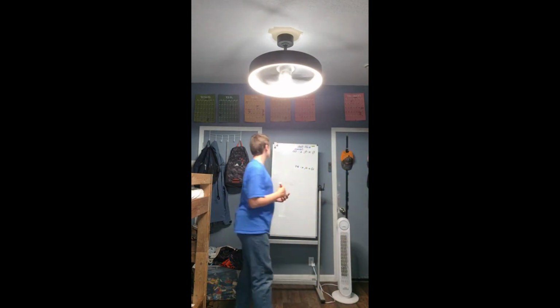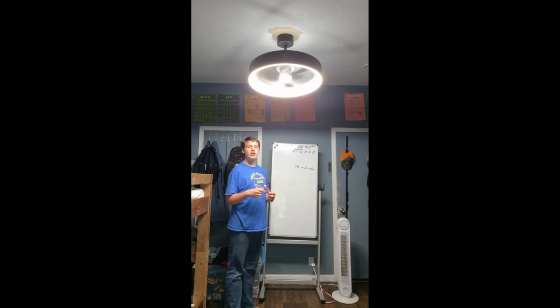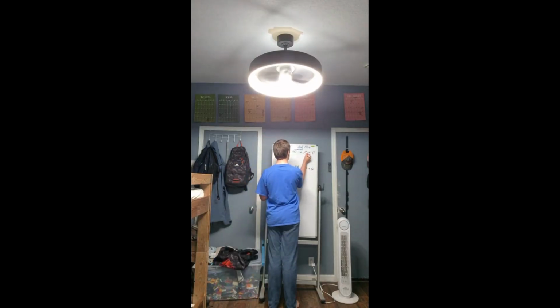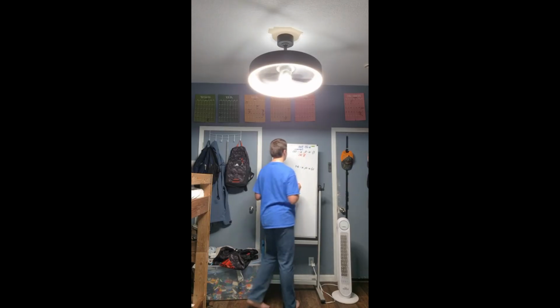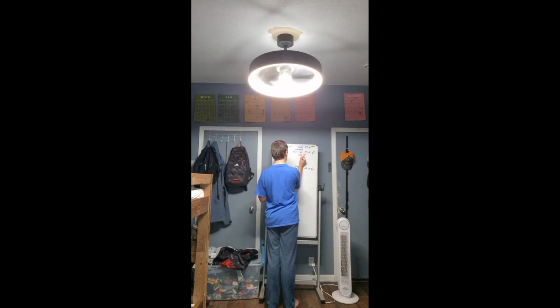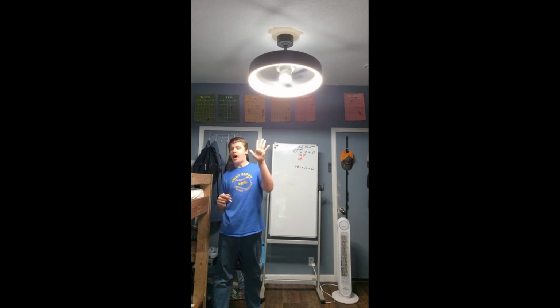Since n is an odd number, I'm going to put the cube root of negative 125, which is equal to negative 5, since the cube root of 125 is equal to 5.